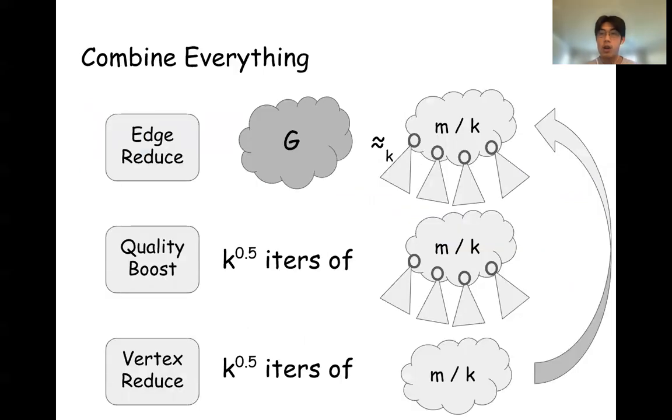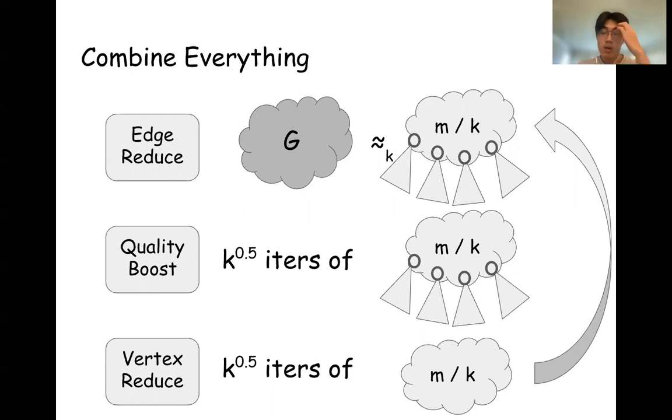So now we can combine all these three components in the following way. First, we want to solve flow diffusion on this graph G. We first use the edge reduce component to find an approximation of G using this n over k size graph plus trees. Then we use the quality booster to show that to solve on G, it suffices to solve square root of k iterations on this simpler graph.